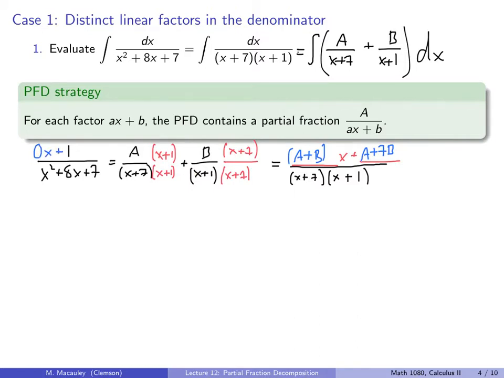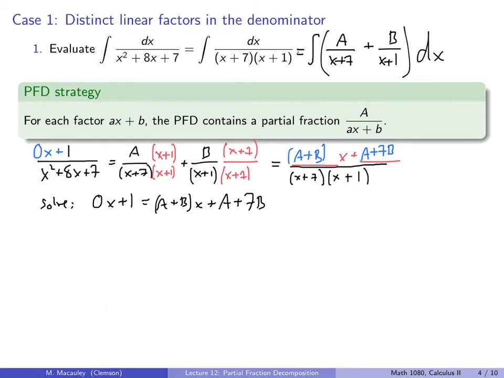And now you can see 0x plus 1 has to equal a plus b times x plus a plus 7b.